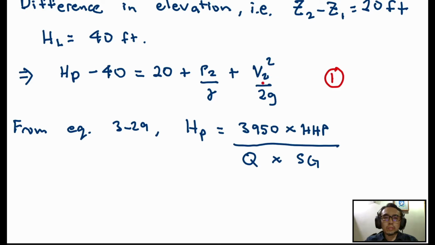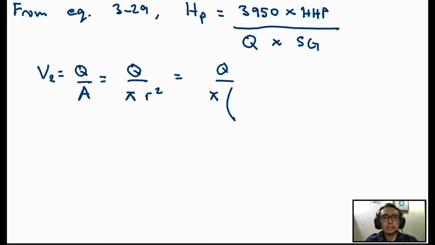The expression for V2 will be based on the flow rate divided by the area. That's by definition. The area is given by pi radius squared, and in the question the diameter is given as 0.75 inches.